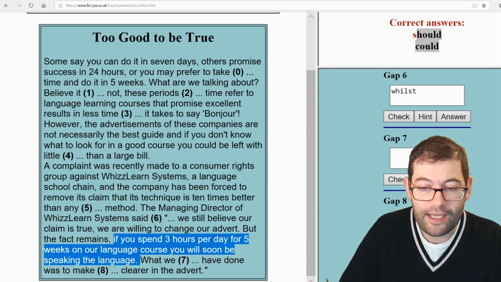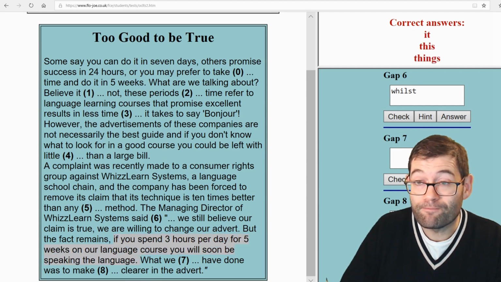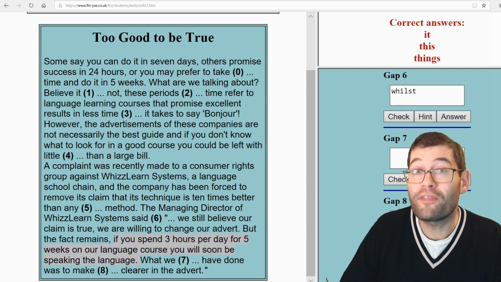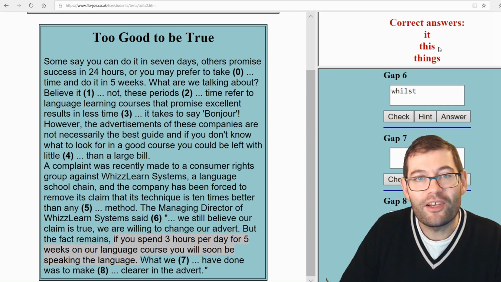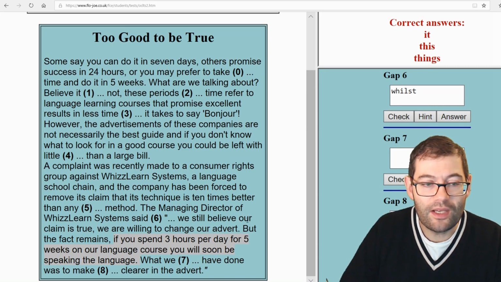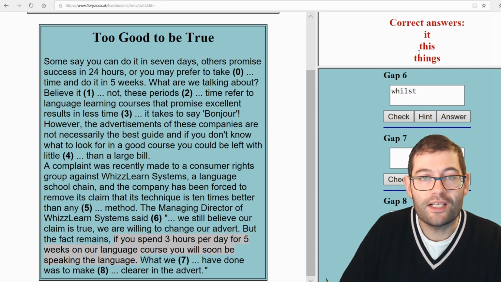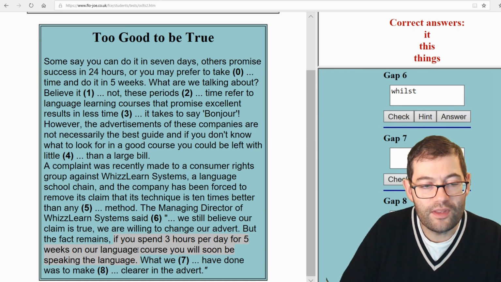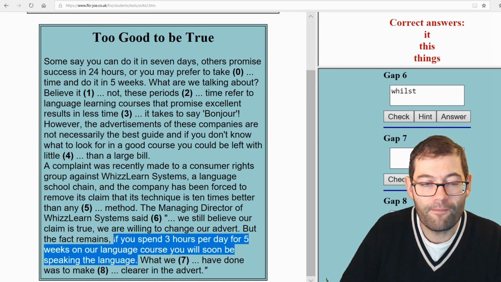And that becomes clear when you have a look at the answer, because the one word that replaces all of this information is it, or this, or things. I prefer it, but you can say this or things as well. And all of these words are substitutive forms for this highlighted passage here.